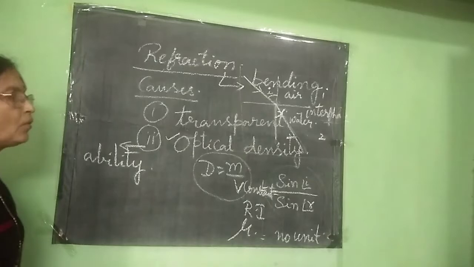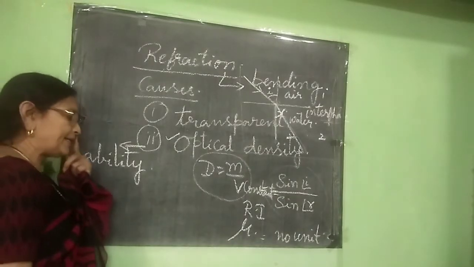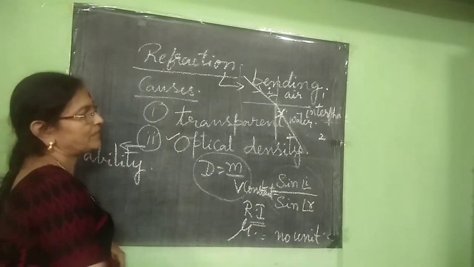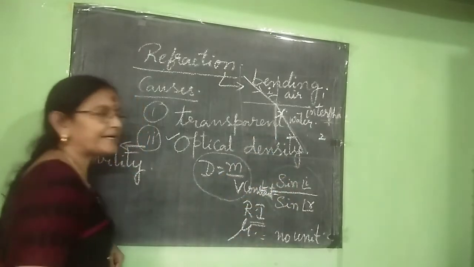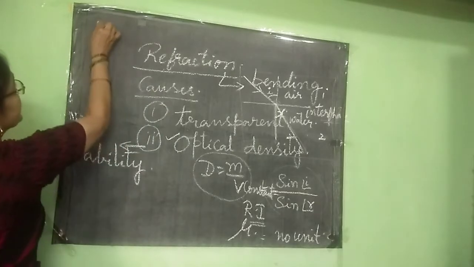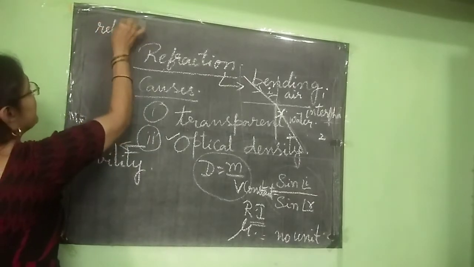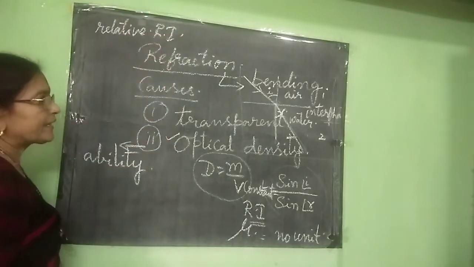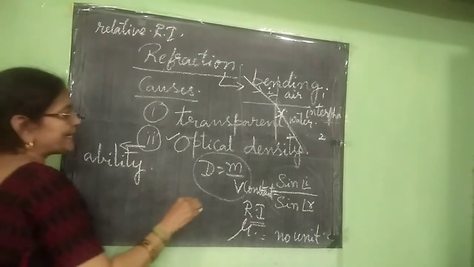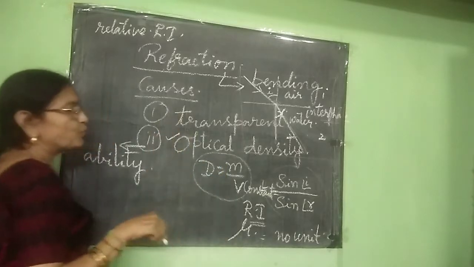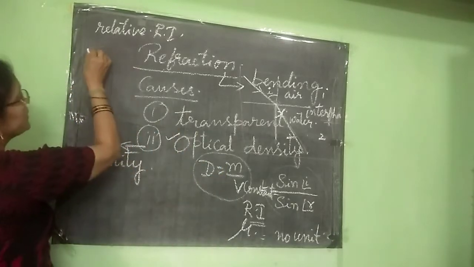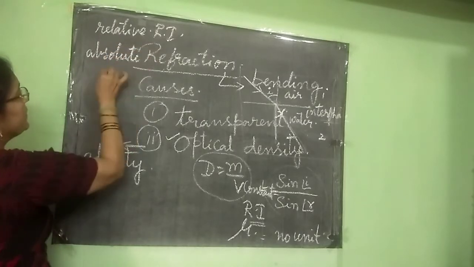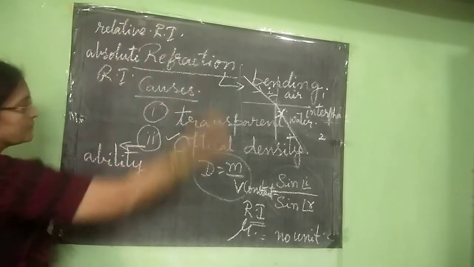Now, whenever you are calculating the refractive index of one medium with respect to another medium, that is called relative refractive index. If you are calculating the refractive index of a medium with respect to vacuum, it is called absolute refractive index.